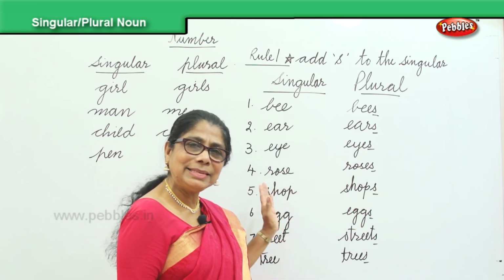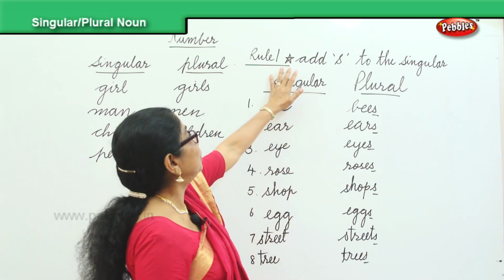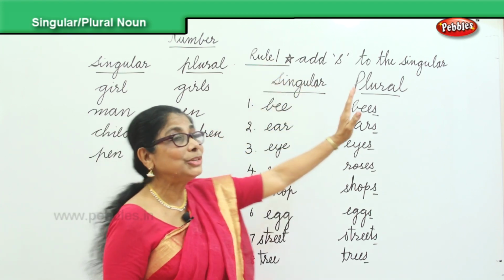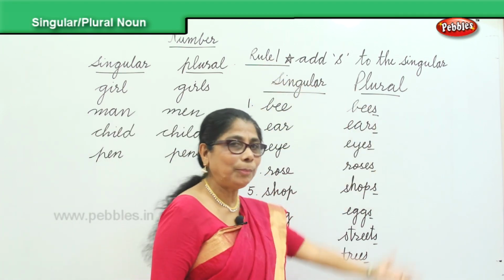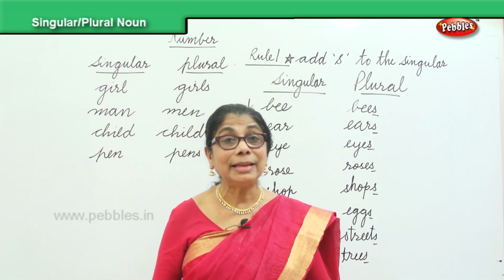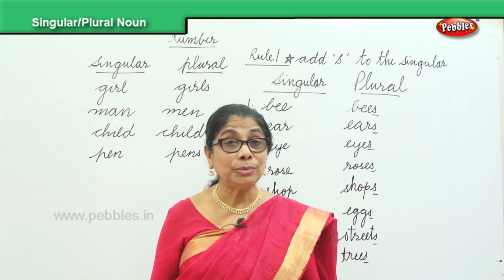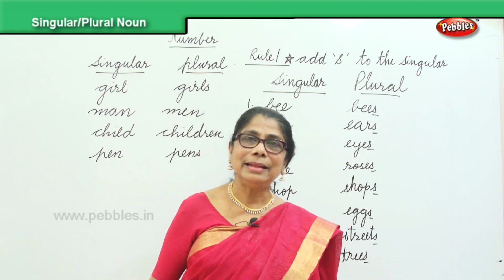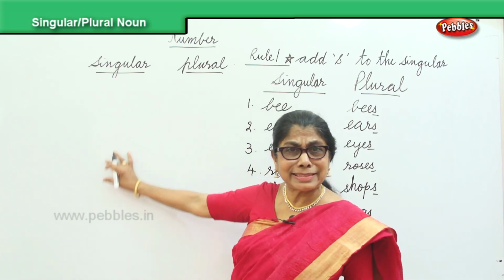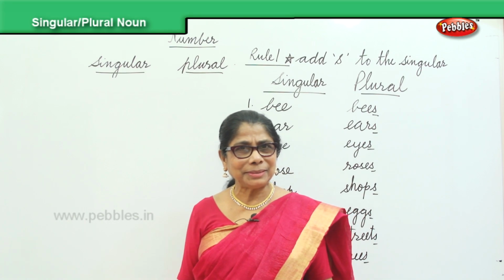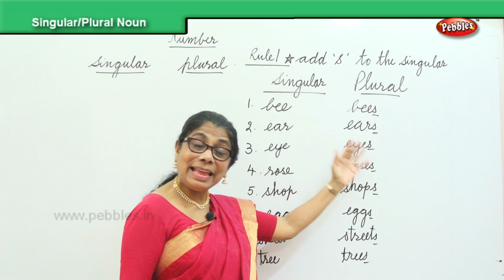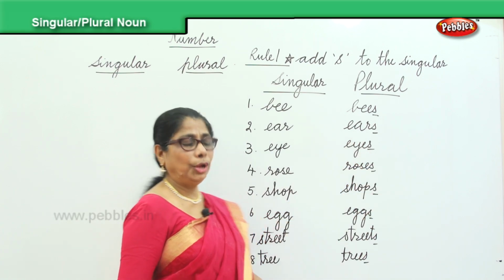We have added a simple s to form the plural. So, the rule number 1 is add s to the singular to form the plural form. Okay? It's very easy. Now look around in your class, in your house. Name the nouns and let's turn the singular noun into plural noun. So we will look at some more singular nouns, how to form plural.